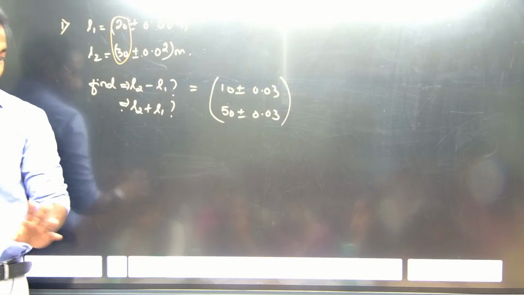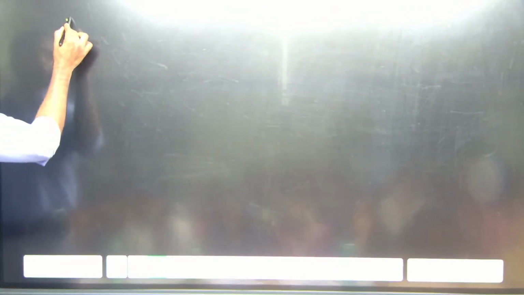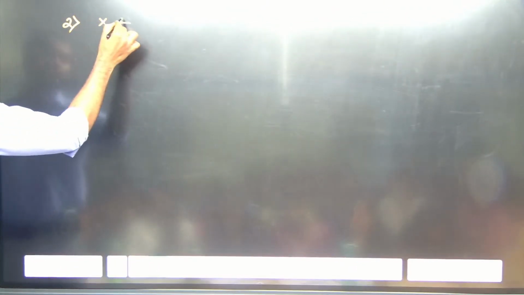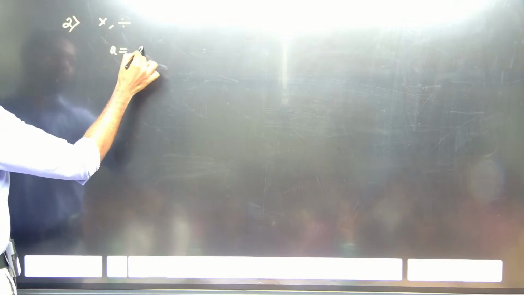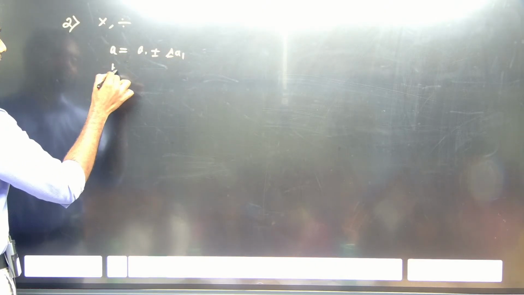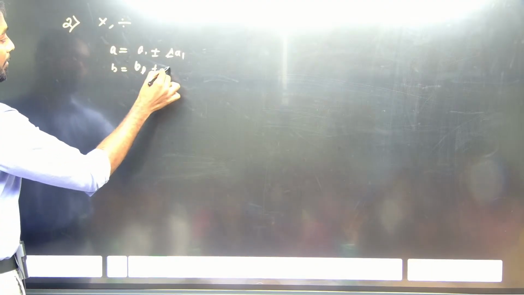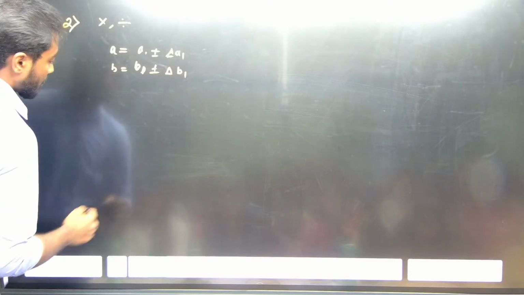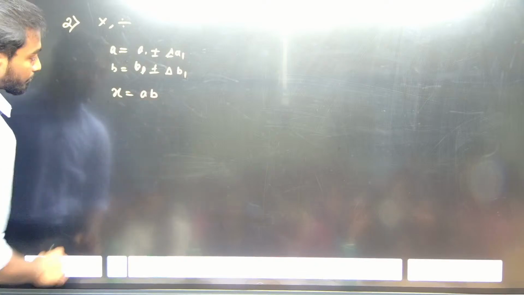Anyone? So the next one is multiplication or division. Suppose they have given a equals a1 plus or minus delta a1, b equals b1 plus or minus delta b1, and they are asking what is x. X equals a into b.